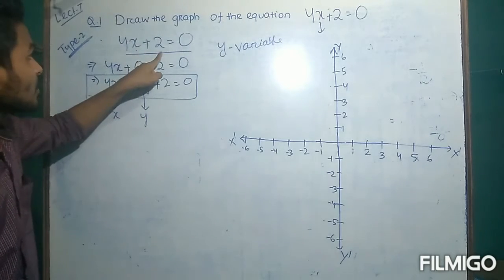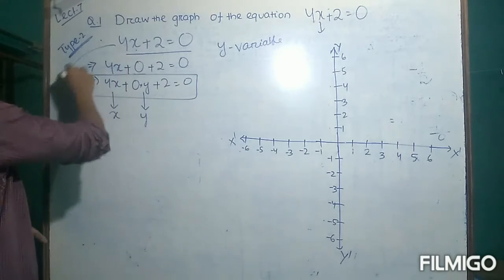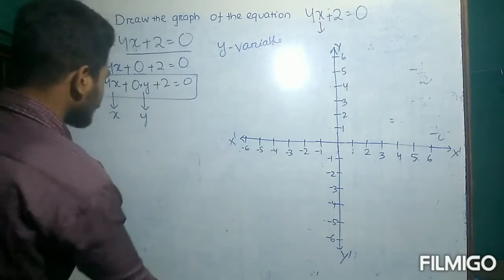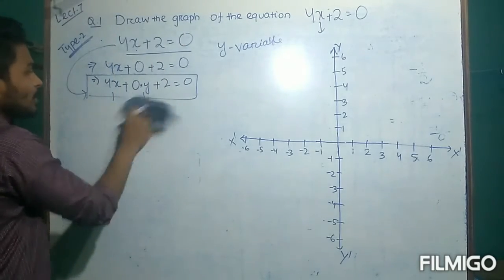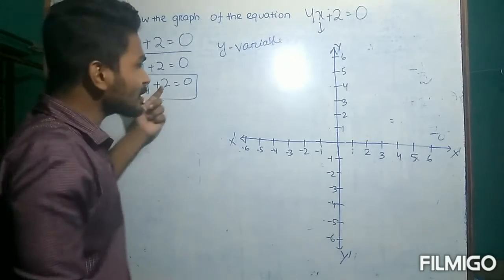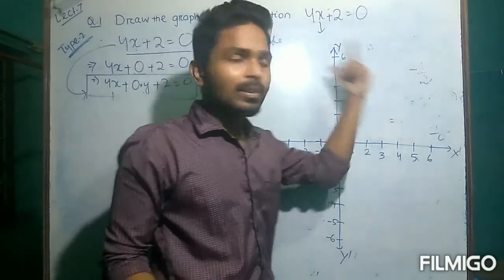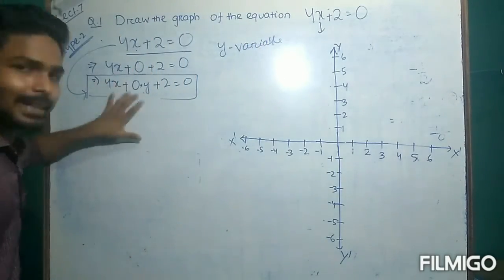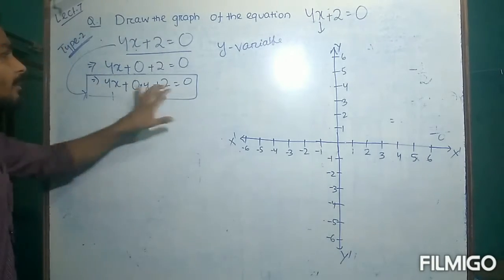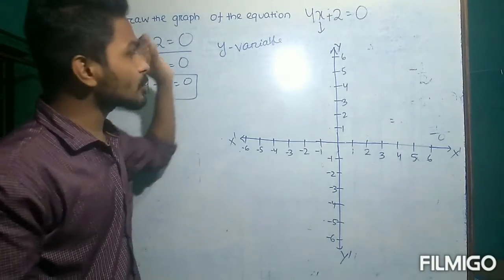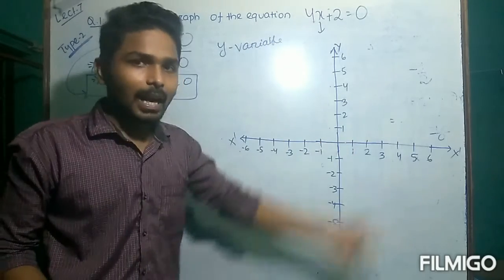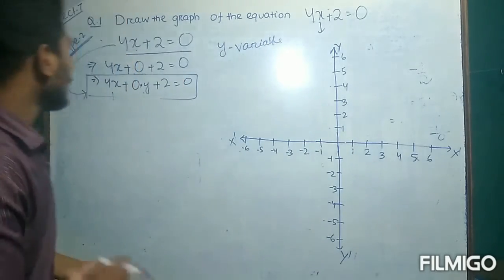So our linear equation in one variable has been converted into a linear equation in two variables. Now we will follow the same procedure to represent this equation on the Cartesian coordinate system. That means we have to find at least two solutions of this equation, represent those two points on the Cartesian coordinate system, and draw the straight line, and our graph is finished.